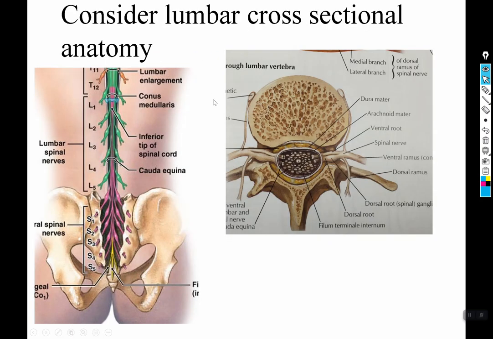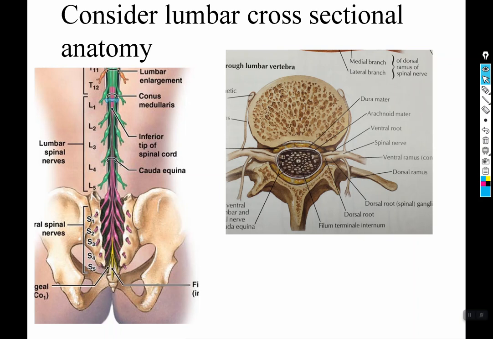Moving off of that, in the past PowerPoint and the previous lecture video, I described the conus medullaris. Conus means cone, medullaris means medulla, which is the core section of any multi-layered organ. So it's a cone comprised largely of the medulla of the spinal cord.